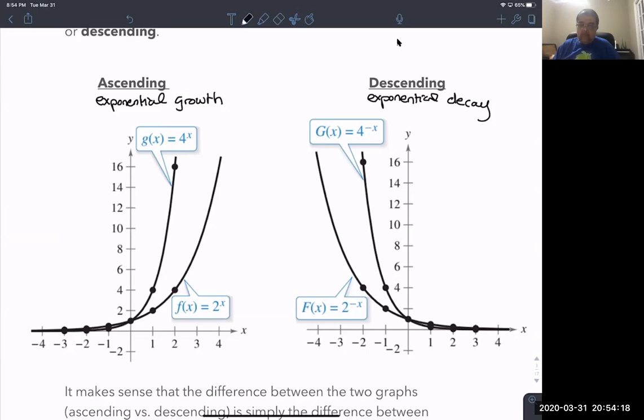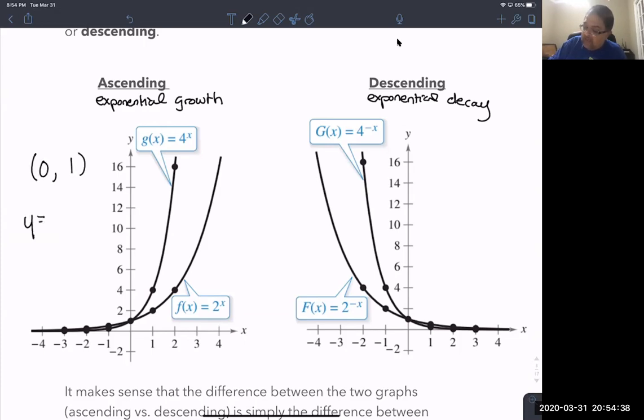Now, remember we were talking about the properties of exponents, and what did I say was anything raised to the 0 power? Well, anything raised to the 0 power is 1. So almost all exponential functions have a y-intercept at (0, 1).